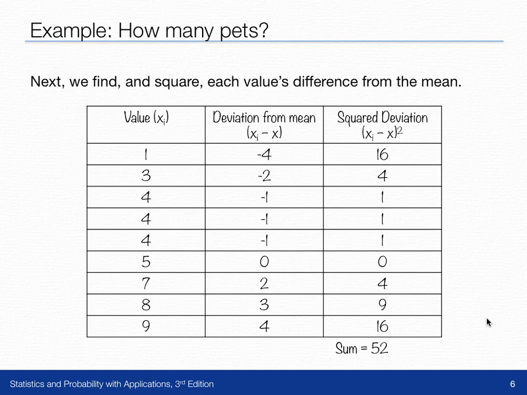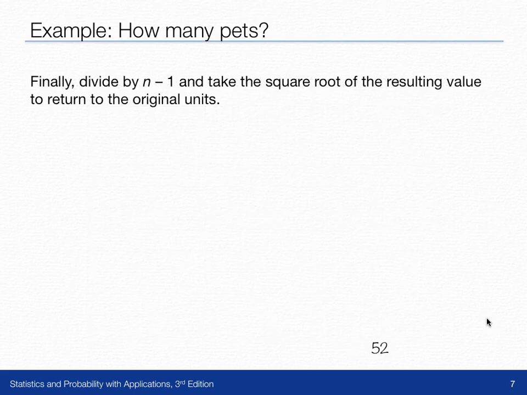We're going to use this 52 in the calculation of the standard deviation. We're going to take the sum of the squared deviations and place it in the numerator of a fraction. We're going to divide that fraction by n-1, the number of values in the data set minus 1.